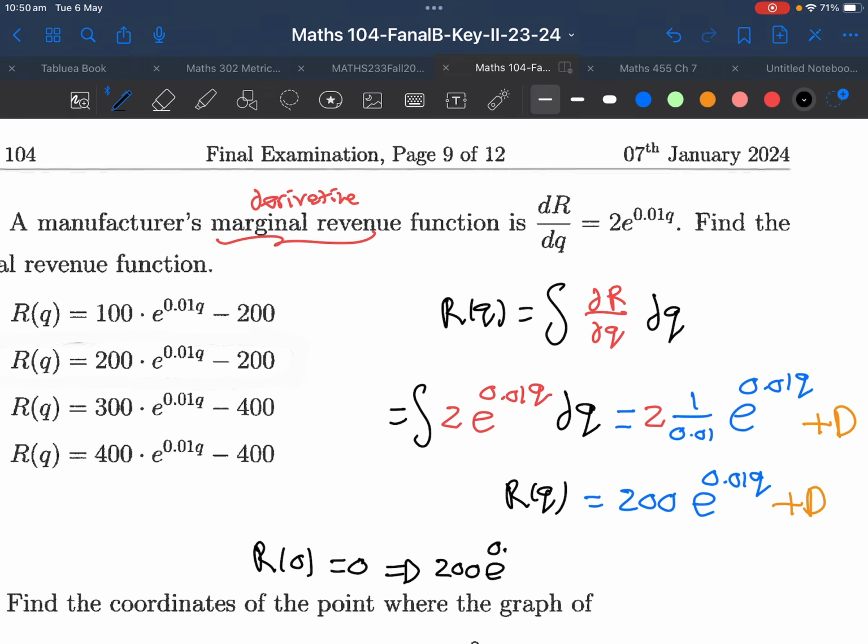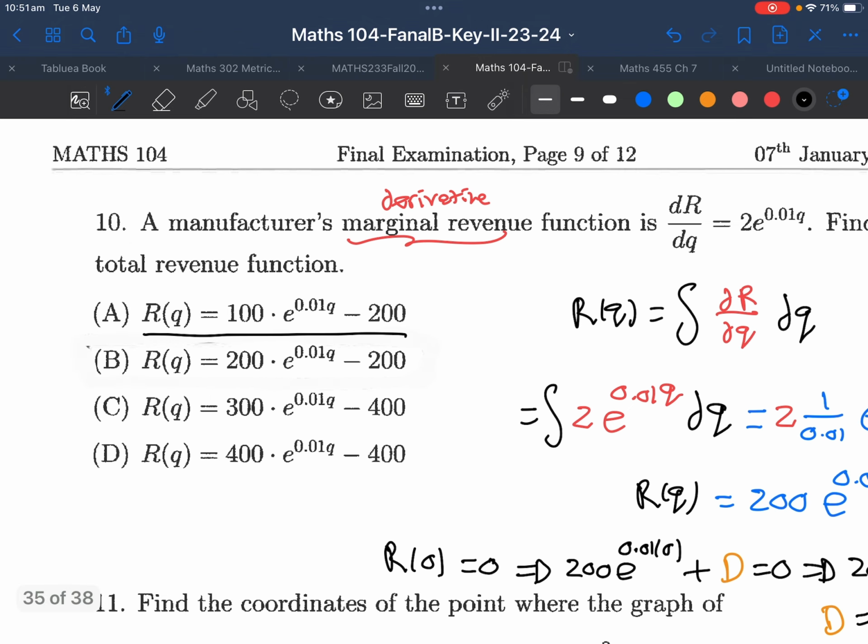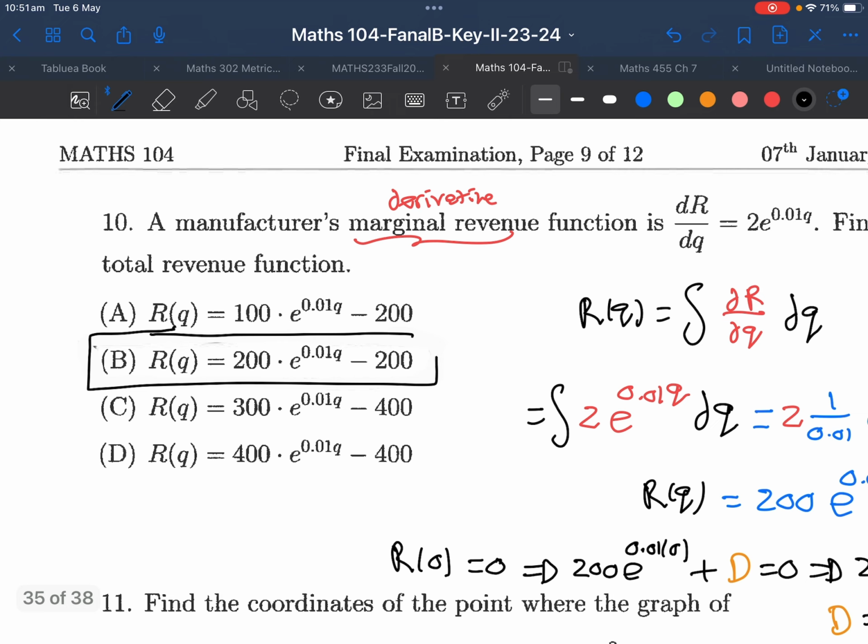So you will get 200e^(0.01 times 0) plus this number D equal to 0, which means 200 plus D equals 0. So D should equal negative 200. And which one corresponds to this answer? It is part B.